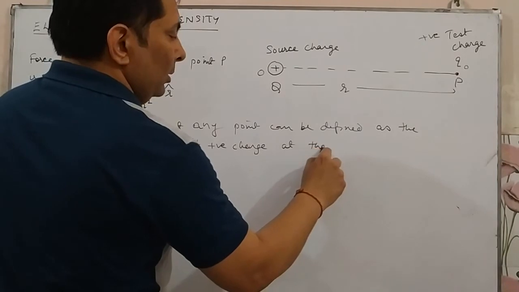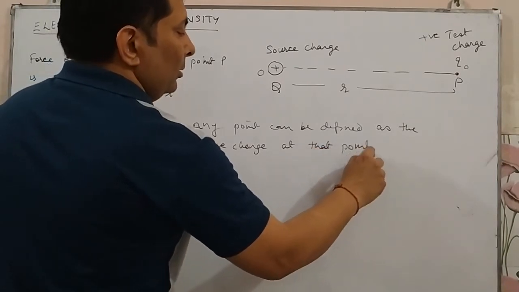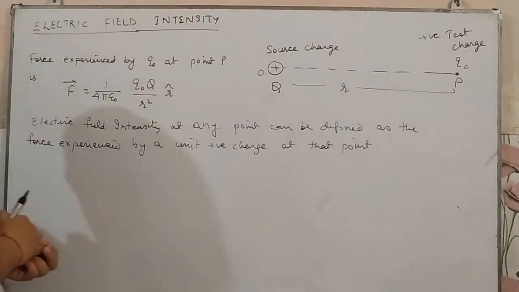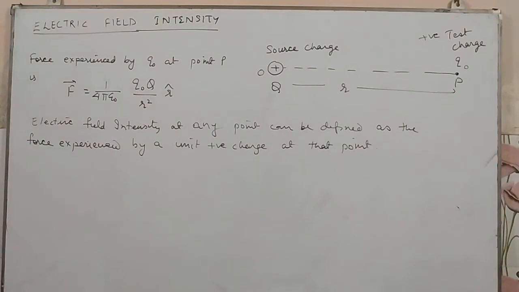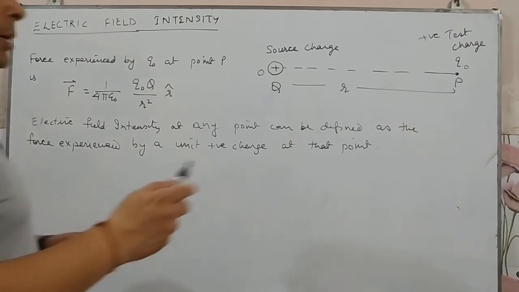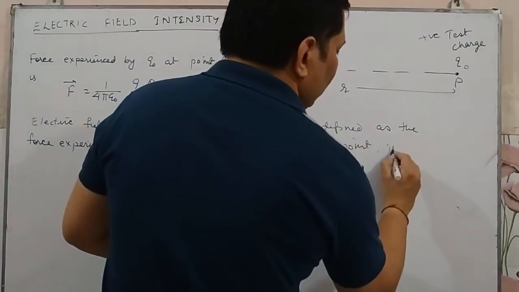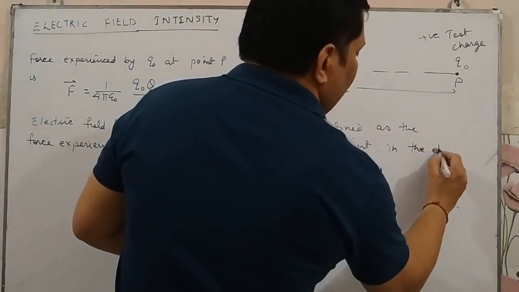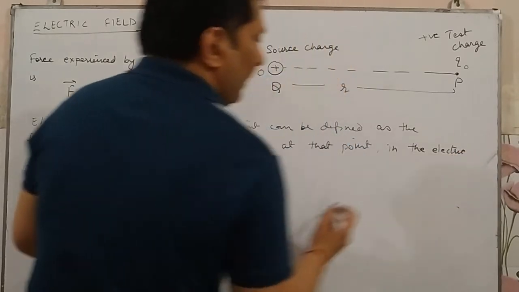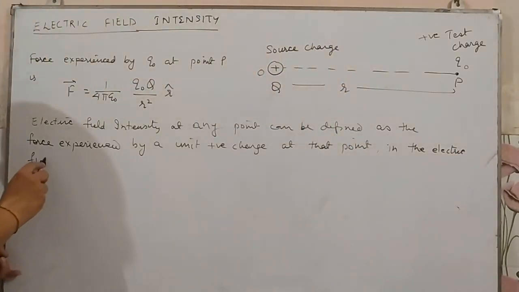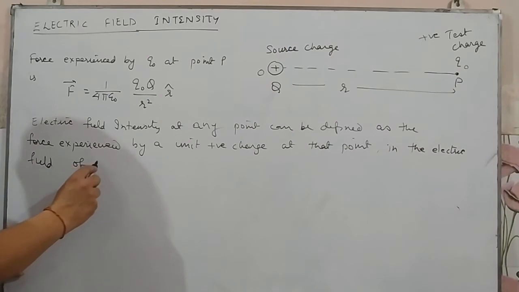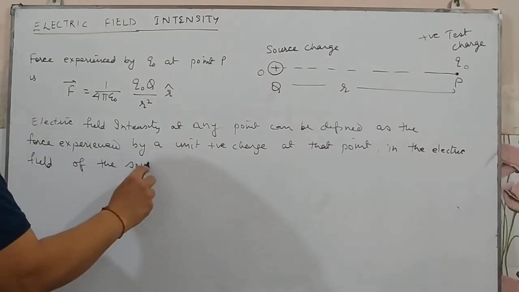Electric field intensity at any point can be defined as the force experienced by a unit positive charge at that point in the electric field of the source charge.